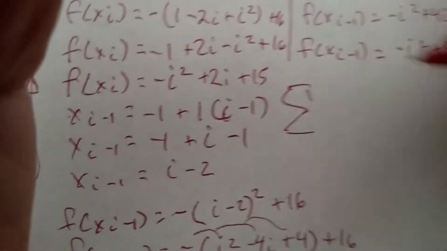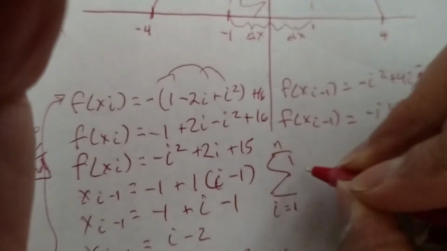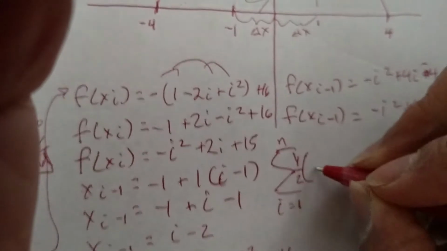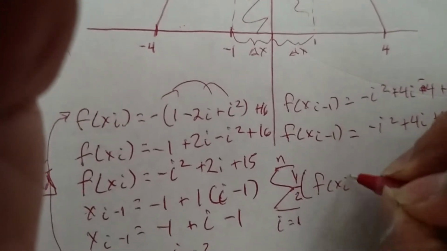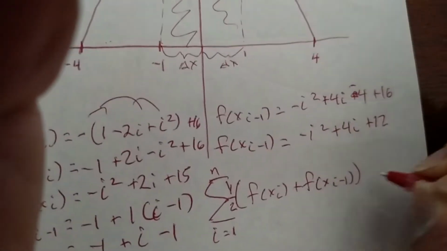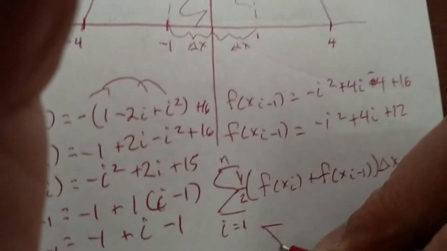Alright? Now, I'm going to go ahead and write the formula. I know, that's a terrible E. I'm so sorry. So I'm going to write the whole formula like I always do. It's 1/2, f of x of I plus f of x of I minus 1 times delta x. Okay, so now I'm going to try to squeeze all this in here.